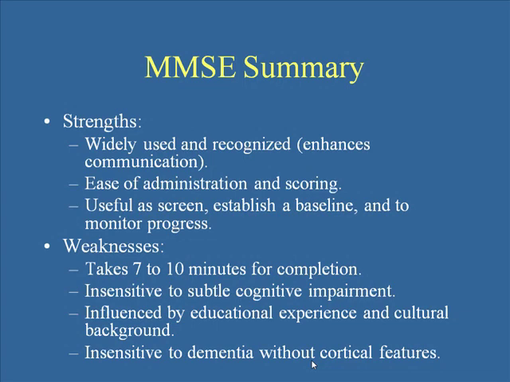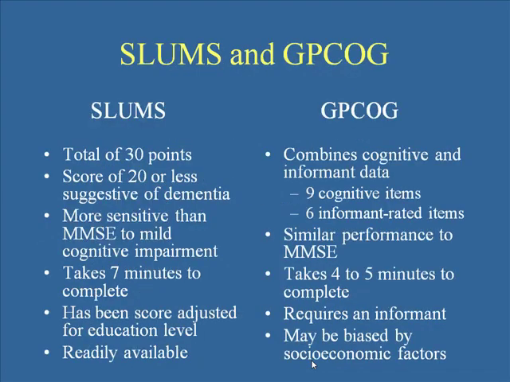But the cutoff for 24 between being normal and abnormal has some problems when stratified across education and culture. And then it's been found to be less sensitive to dementia that does not have cortical features. So subcortical dementia, it would be a little less sensitive for them.